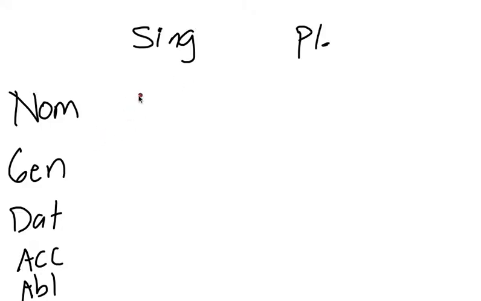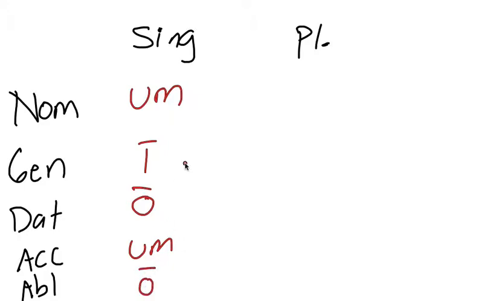Okay, so nominative singular is -um and then the rest of it, in the singular, looks just like second declension masculine. So genitive singular is -i, long I, dative singular is -o, long O, accusative singular is -um and ablative singular is -o. So instead of -us, -i, -o, -um, -o, we have -um, -i, -o, -um, -o. That's the only change between masculine and neuter in second declension.